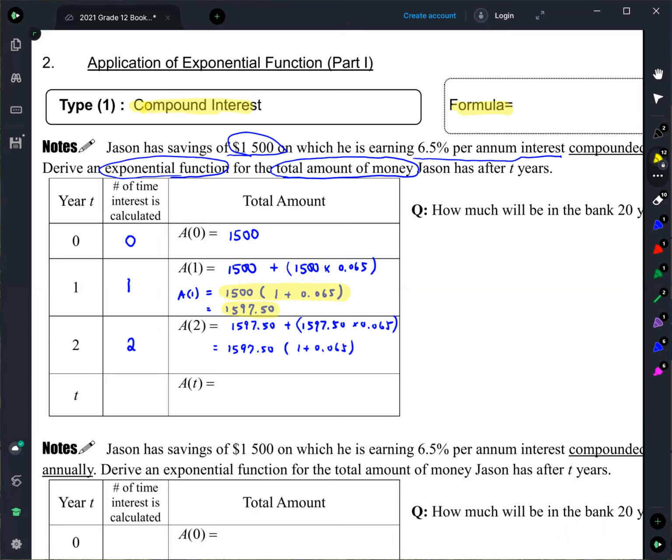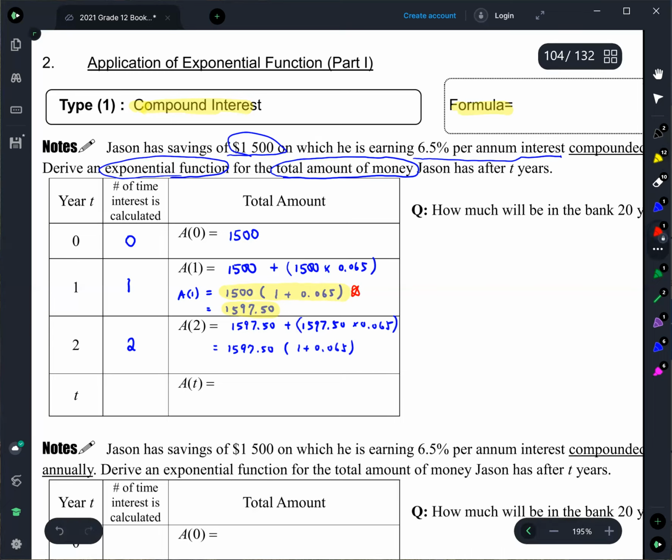So I'm going to replace this part where I put the red star with the 1597.5. So that will make the 1500 appear, times 1 plus 0.065. But then there's another bracket again, so it'll become square.